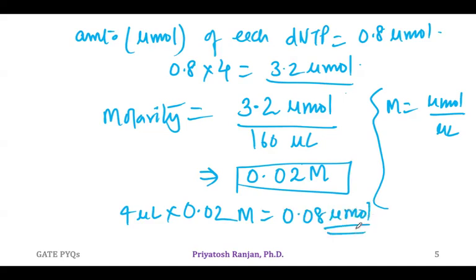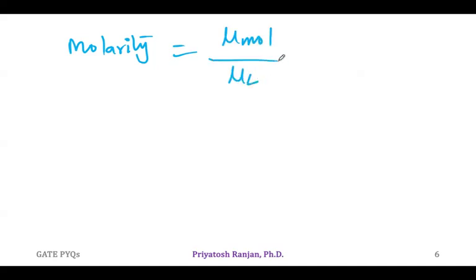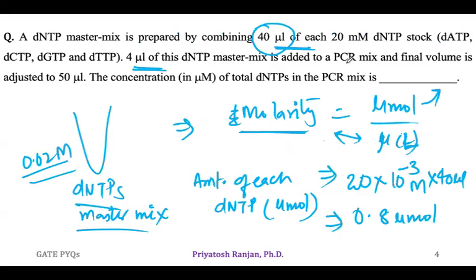Now I need to calculate the final concentration in a PCR mix tube. And how am I going to calculate it? As said, molarity is equal to micromole by microliter. Micromole we have calculated, which is amount 0.08, and the total final volume is 50 microliter.